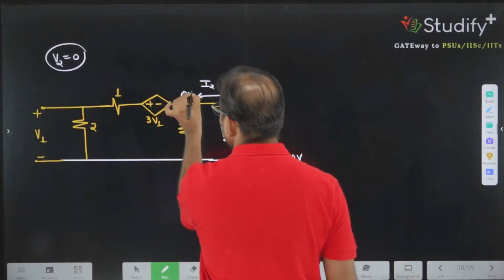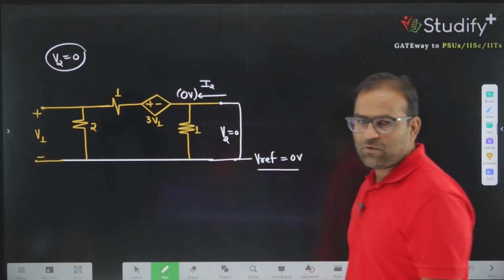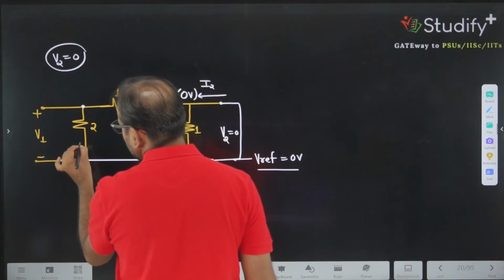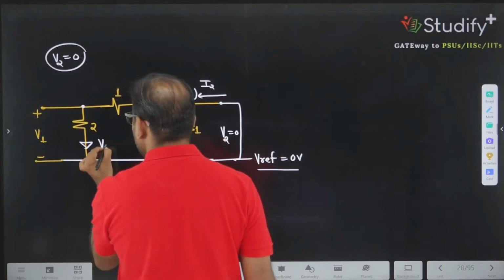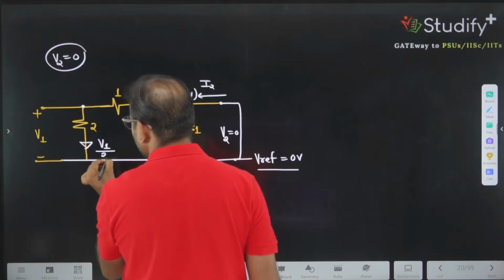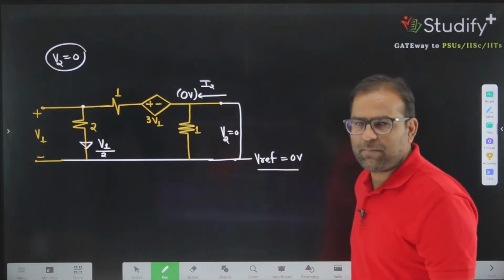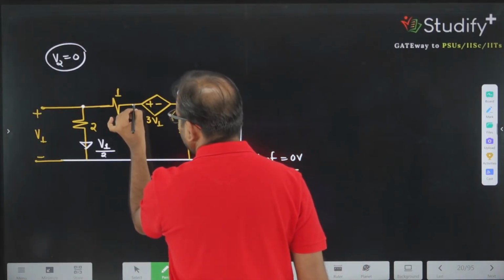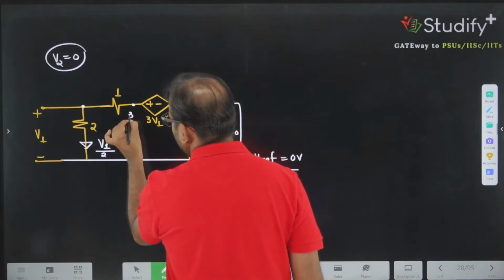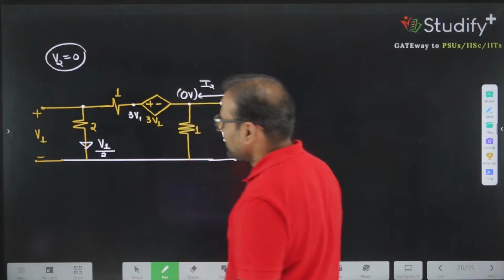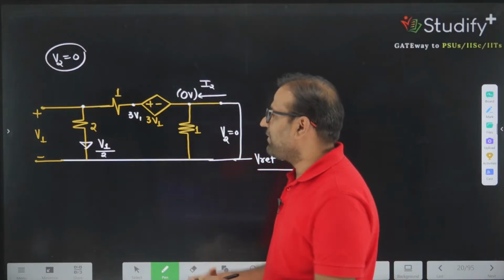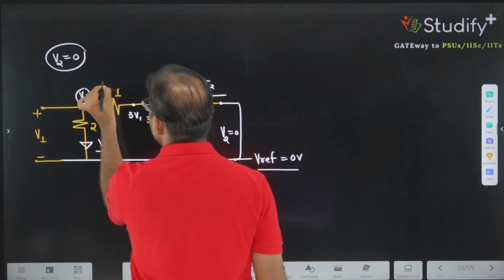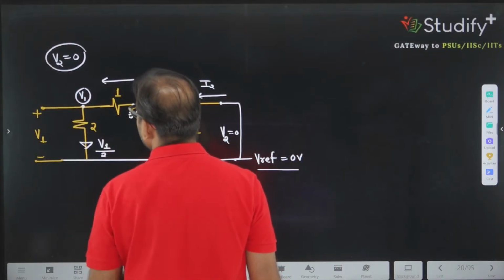This voltage is also 0. If this potential is V1, what is current here? The current here is V1 divided by 2. Since 0 volt is given here, this positive terminal will deliver 3V1. So this is 3V1, this is V1. The current you can expect here in this direction is 3V1 minus V1, which is 2V1.